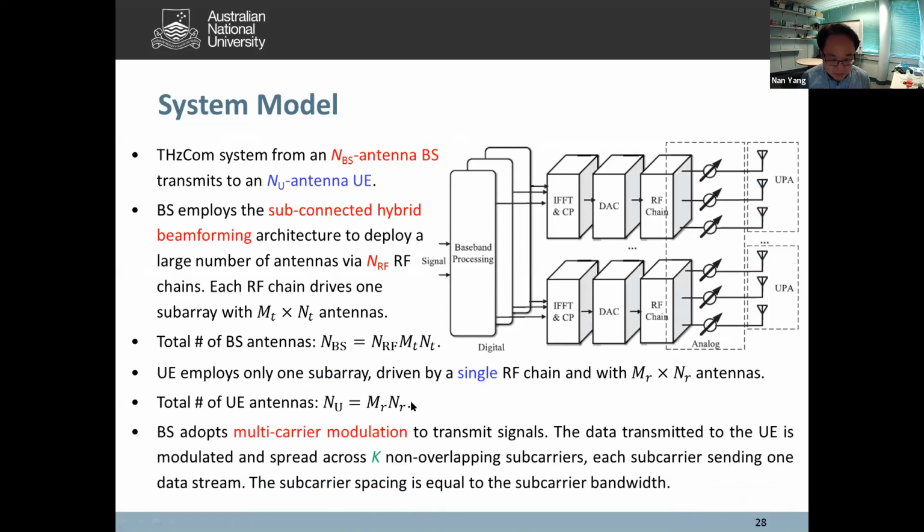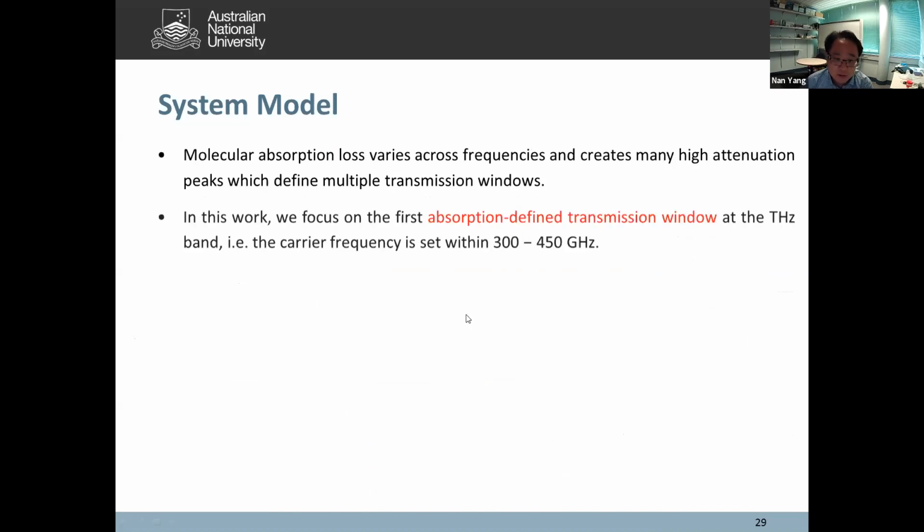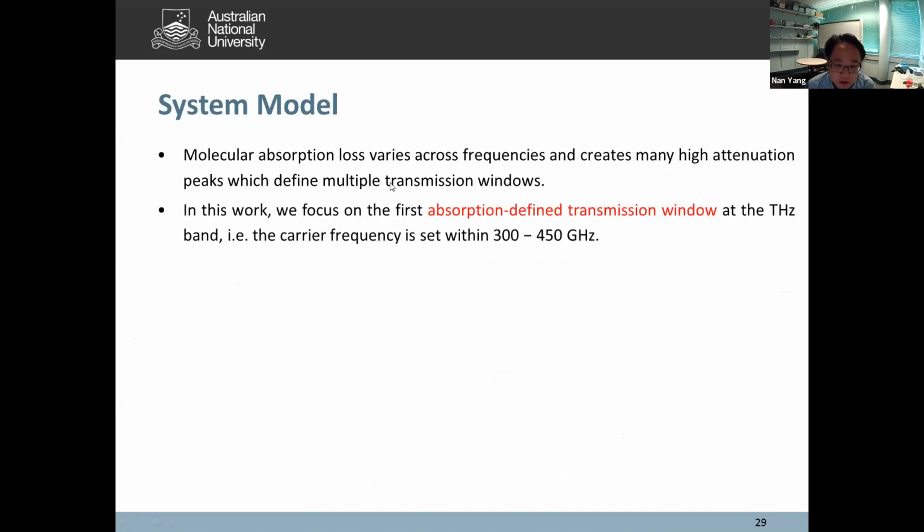We also consider that the base station adopts multi-carrier modulation to transmit signals, employing K non-overlapping subcarriers to perform the transmission. In this work, we explored the transmission window. We focus on the absorption-defined transmission window from 300 to 450 gigahertz.